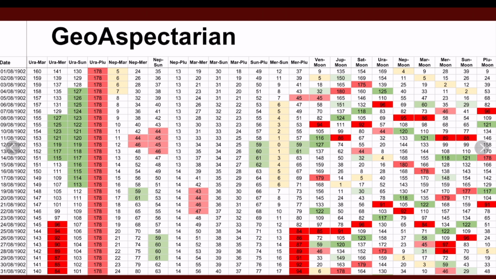You can use these files in a few ways. Either look through the Aspectarian files to see important planet combinations, then look to your chart to see if any important highs or lows occurred, or find the important highs and lows or indeed large price moves on your charts, because it's not always the high or low where the aspects occur, and then look back to the Aspectarian to see if any important aspects happened around that time.